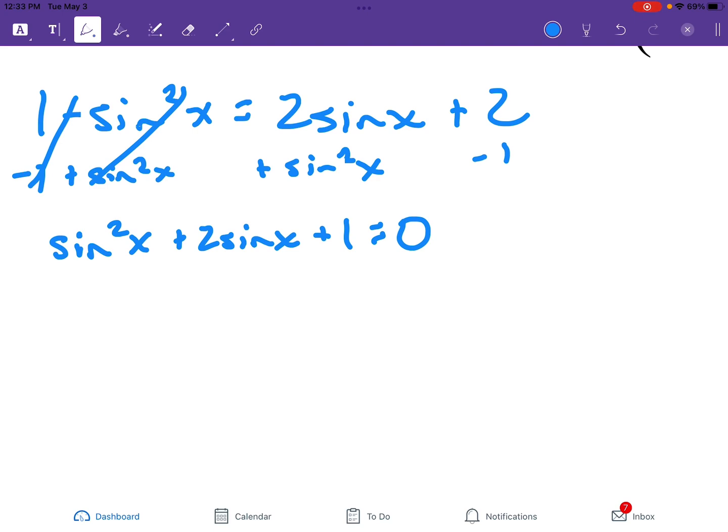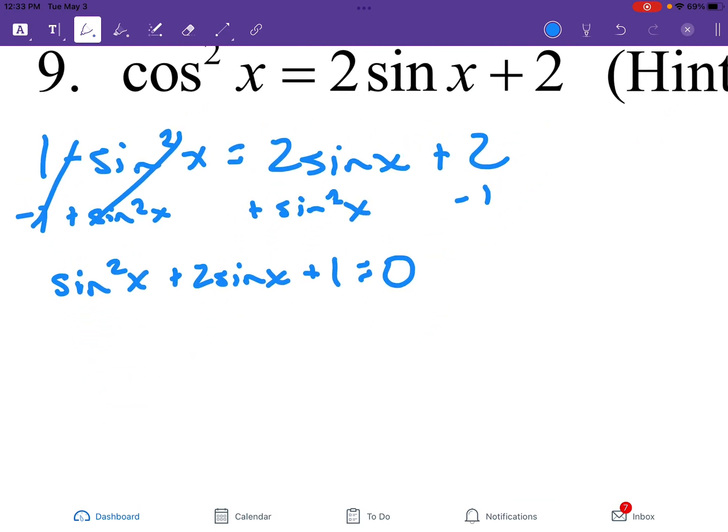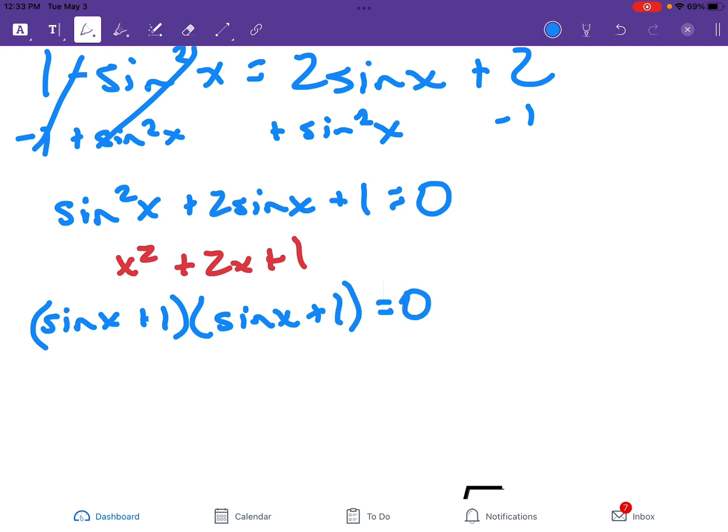Much like the problem in number 7, this is a factorable problem. This would be as if I did x squared plus 2x plus 1. If I factor that and put the sines instead, I'd have sine of x plus 1 times sine of x plus 1 equals 0.